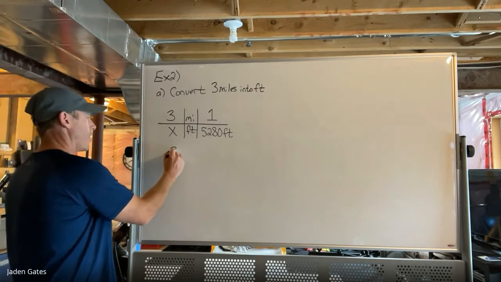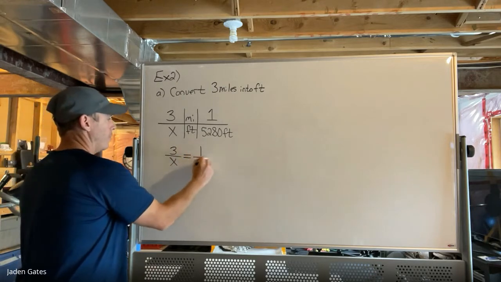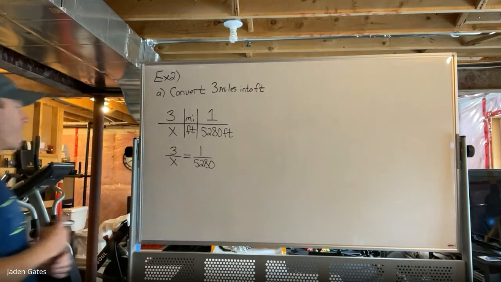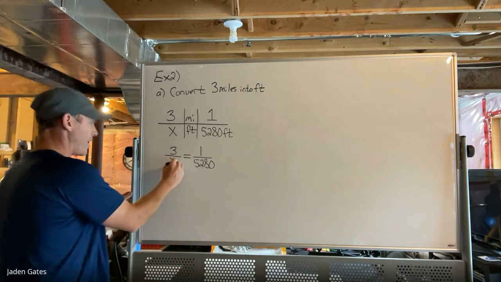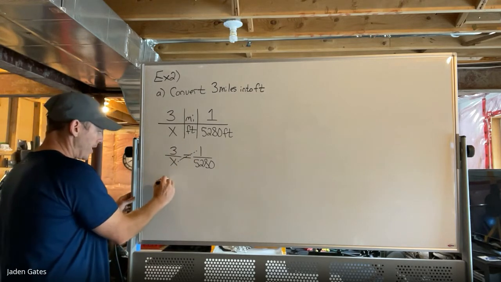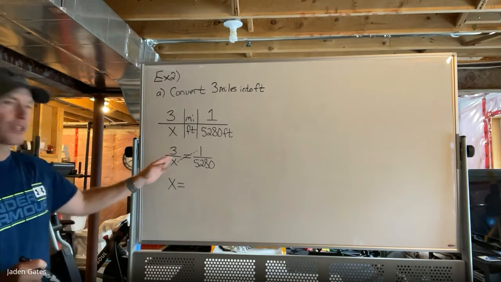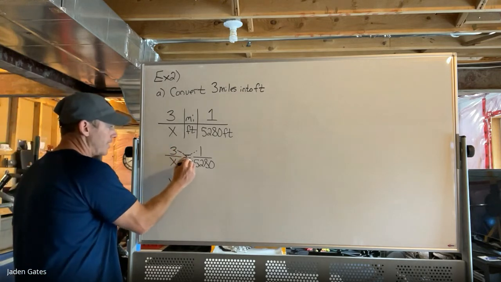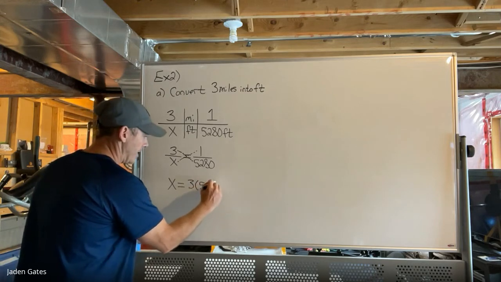So I got 3 over x equals 1 over 5,280. All right, so once again, we are going to cross multiply, right? So I have x times 1, or 1x, or 1 times x, same thing, we get an x. And then that's equal to the other side of our cross multiplying, which is 3 times 5,280.